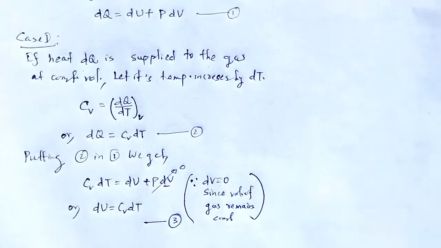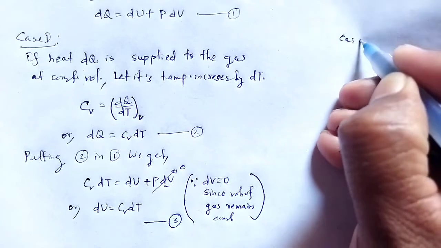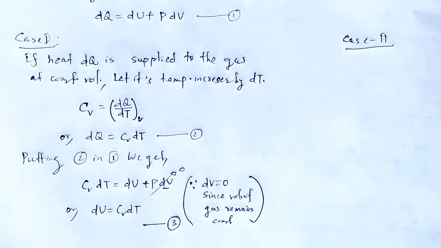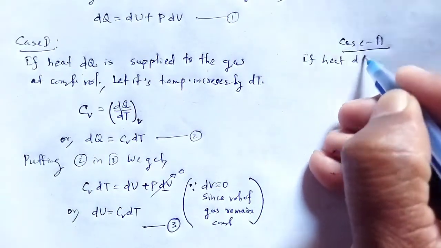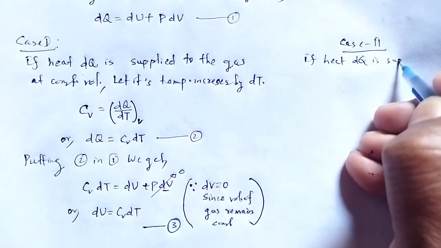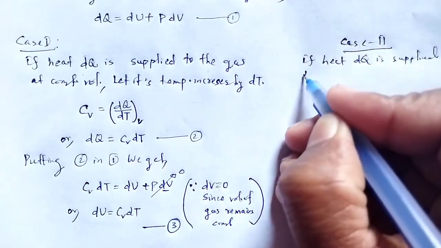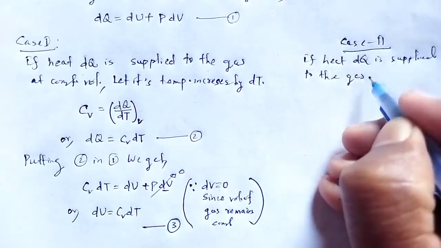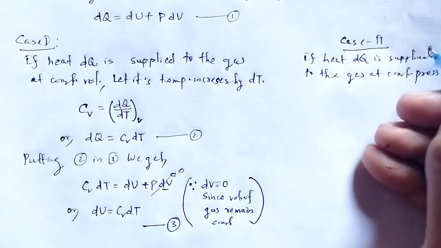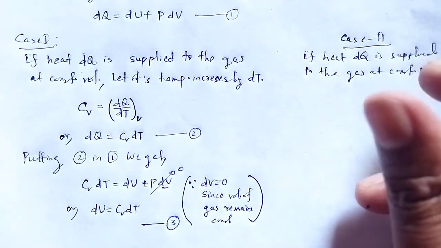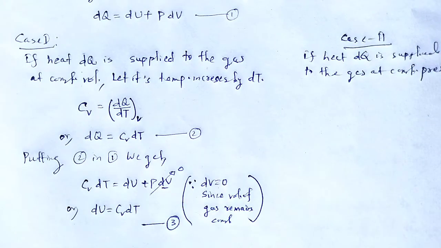Again, consider case number 2, where the same amount of heat is supplied to the gas at constant pressure. Then what happens? If heat dq is supplied to the gas at constant pressure, let its temperature increase by dt.